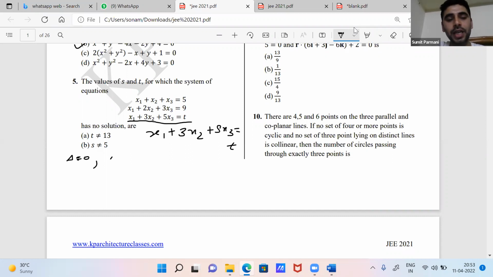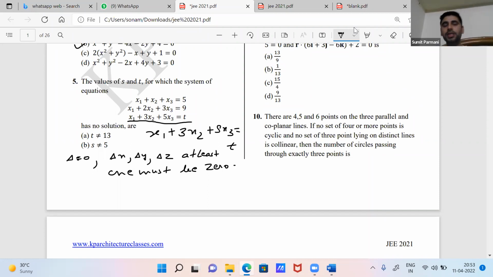First thing. Second thing, out of del x, del y, and del z, at least 1 must be non-zero. So this is the general concept for such type of questions. For del is equal to 0, that means we have to make the determinant 1, 1, 1, 1, 2, 3, 1, 3, s is equal to 0.